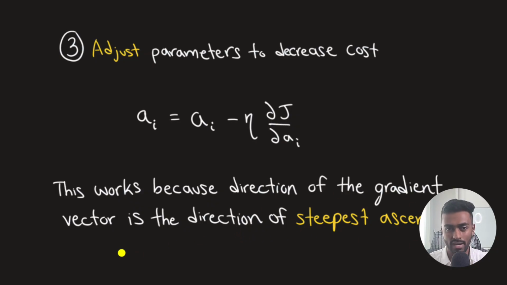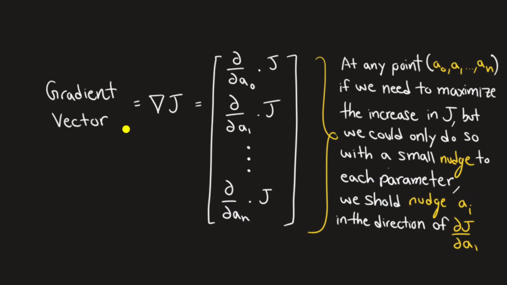So what is this gradient vector, first of all? This gradient vector can be represented by nabla J, and mathematically it is a vector of the partial derivatives of J with respect to each parameter. And what we are saying is that this vector is going to correspond to the direction of steepest ascent.